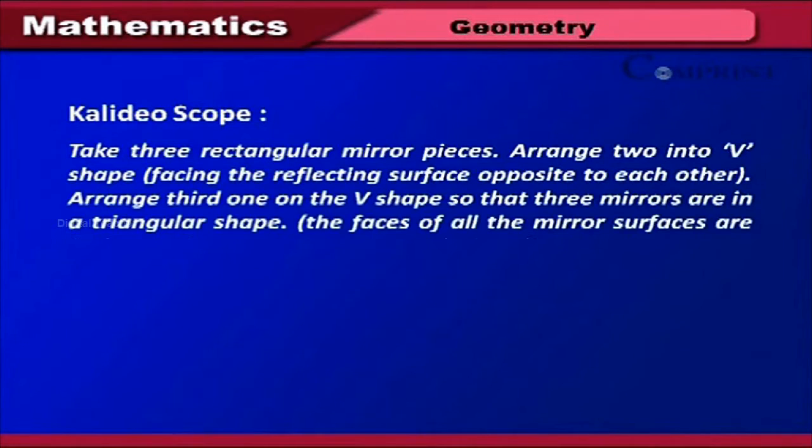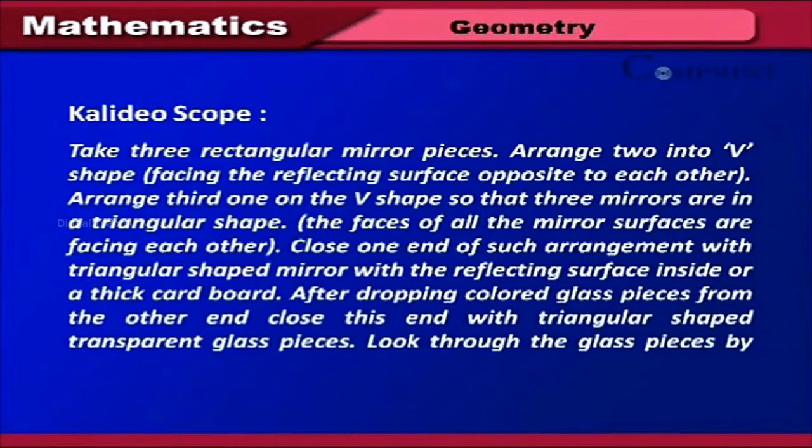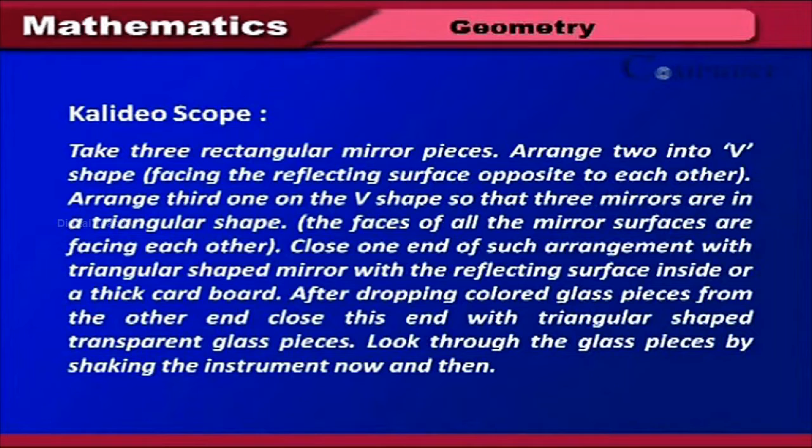Kaleidoscope. Take 3 rectangular mirror pieces, arrange 2 into a V shape, facing the reflecting surfaces opposite to each other. Arrange the third one on the V shape so the 3 mirrors are in a triangular shape. The faces of all the mirror surfaces are facing each other.